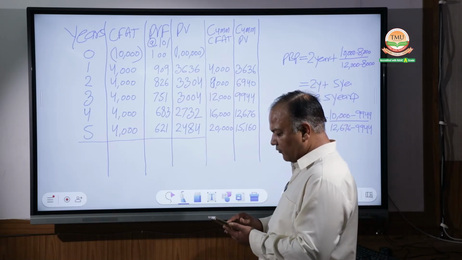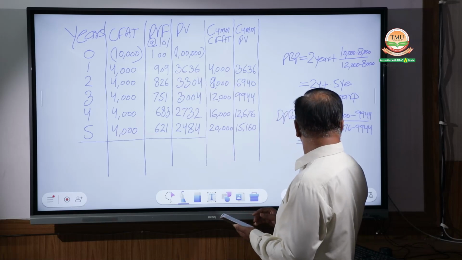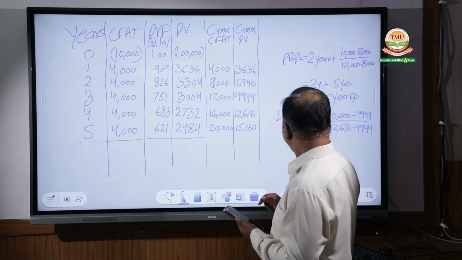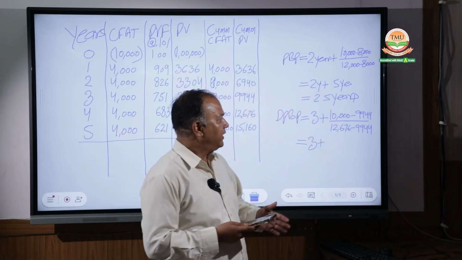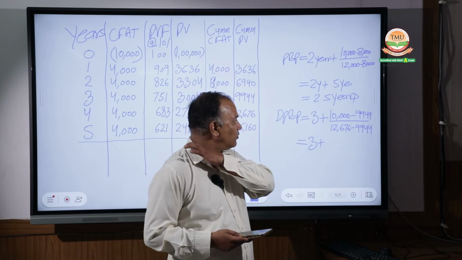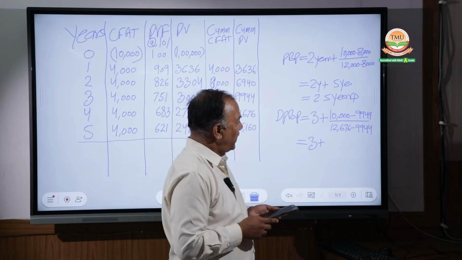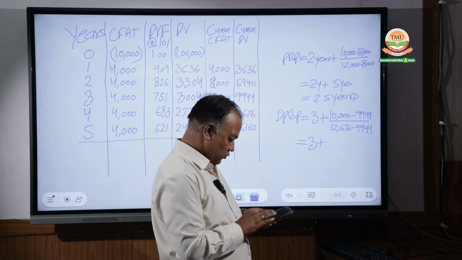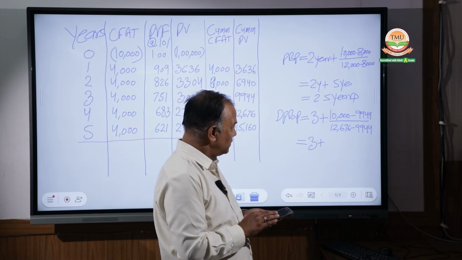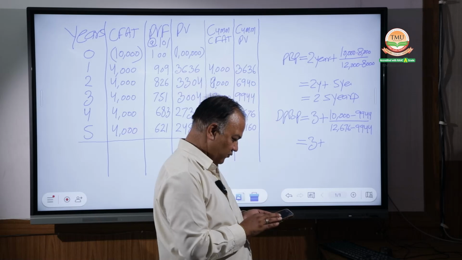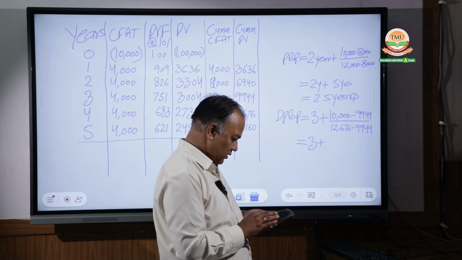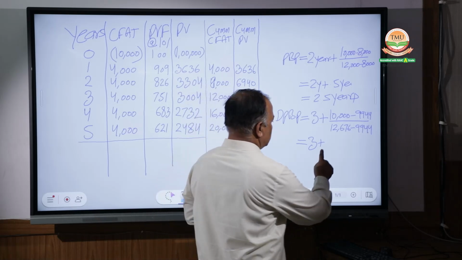Let's take the help of calculator. If we deduct 9944 from 10,000, it will be 56, and if we deduct 9944 from 12676, it will be 2732.